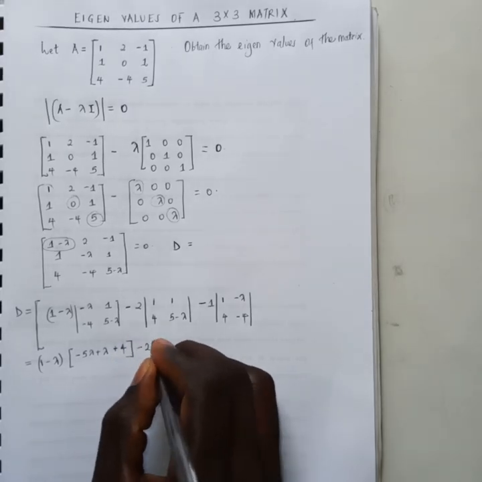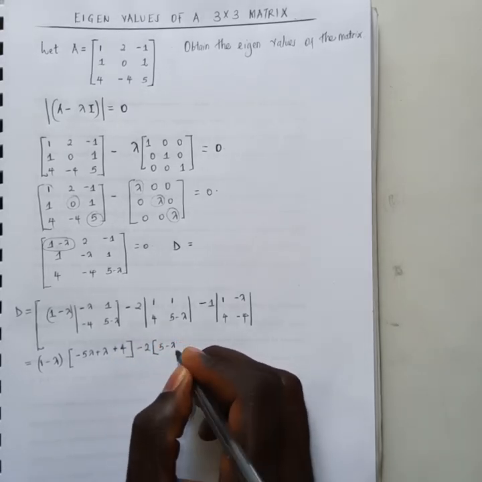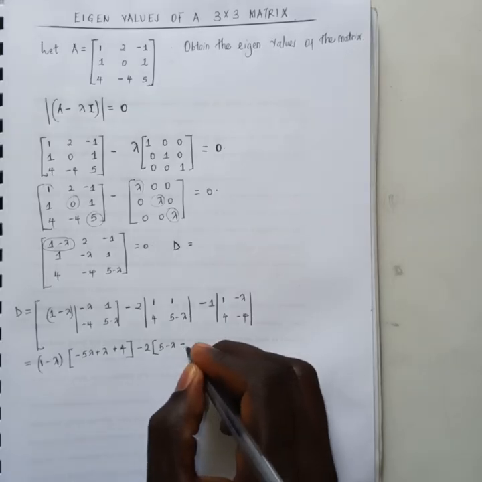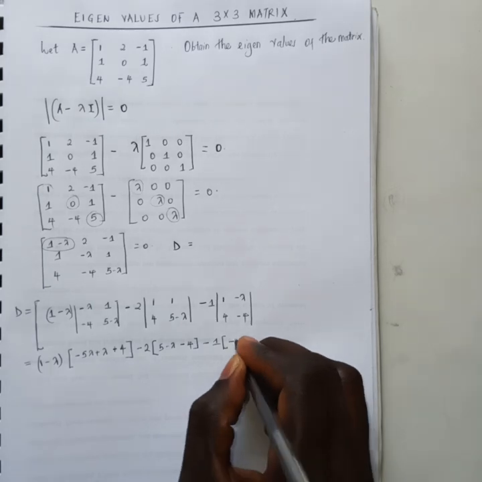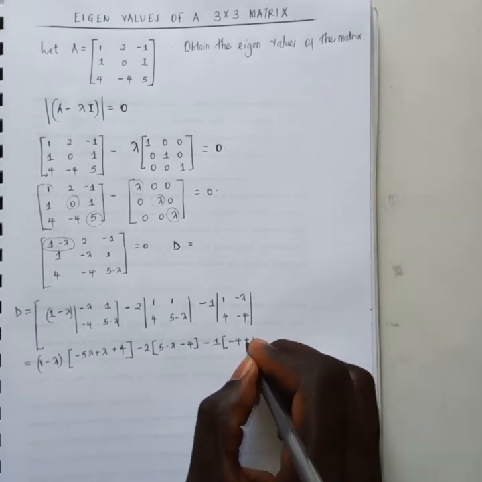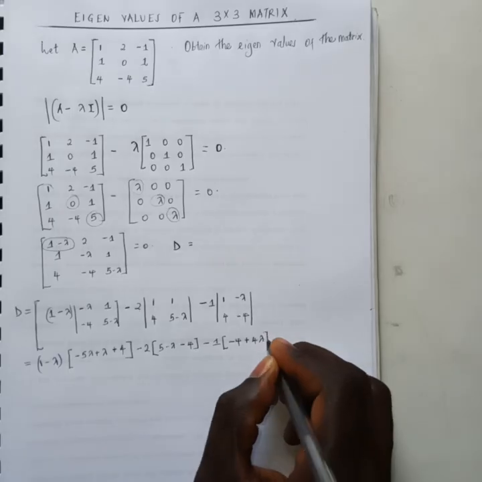Then we'll be having 2 into 5 minus lambda, minus 4 minus 1 into -4 minus, so it is +4 lambda.